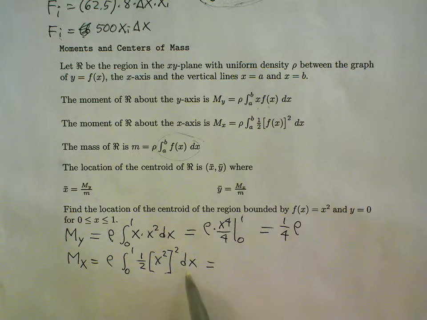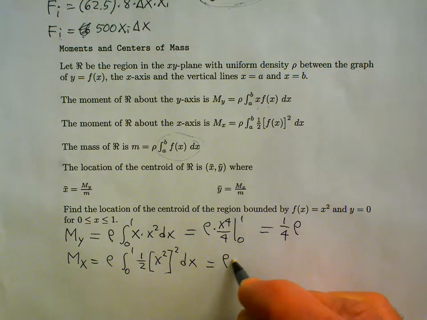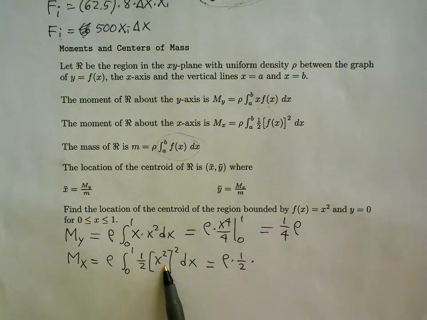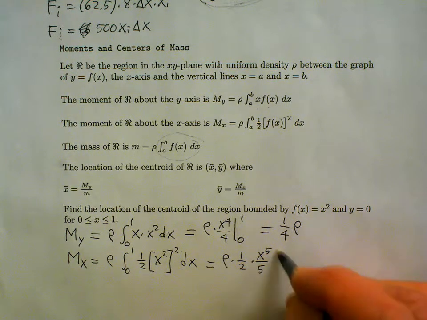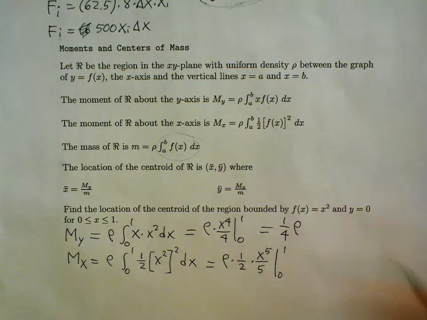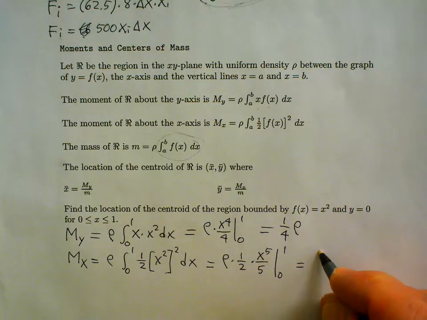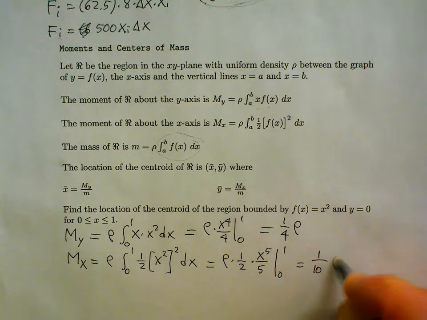Let's write down rho times 1/2, and then the antiderivative for x to the 4th, which is x to the 5th over 5. We evaluate this from 0 to 1. Once again, when x is 0, the quantity is 0, and then at x equals 1, we're just left with rho times 1/2 times 1/5, or 1/10 times rho.